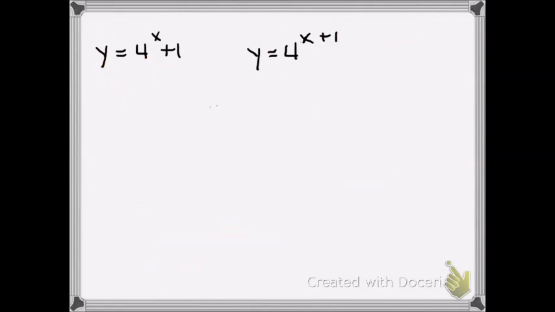Here are two more transformations of the graph y equal 4 to the x. The one on the left here will take the graph up by 1 unit, and this graph is going to take the graph of 4 to the x left 1 unit.